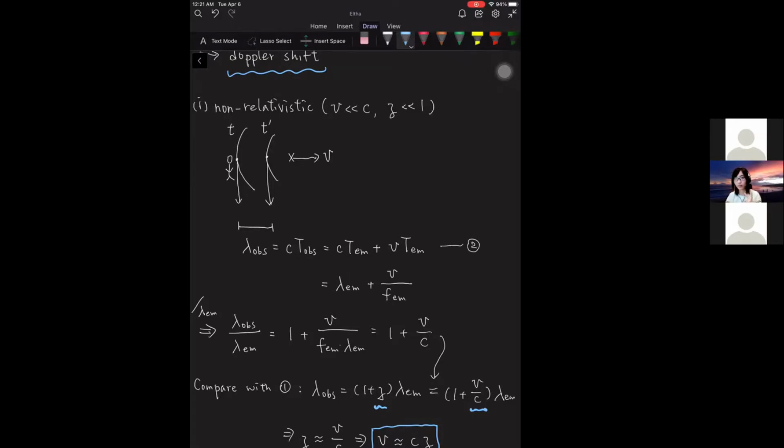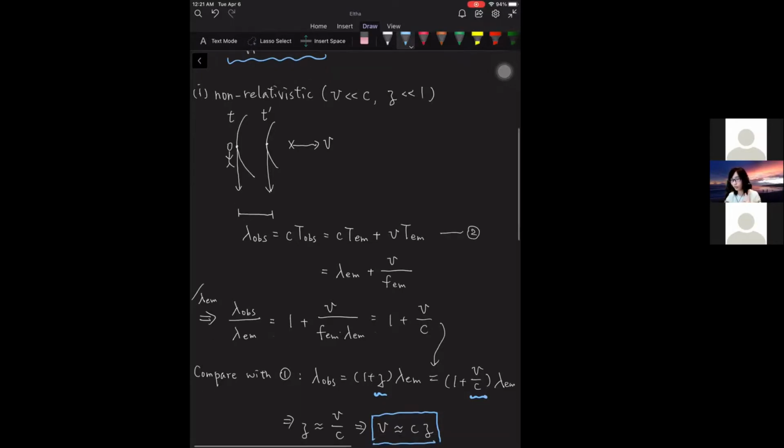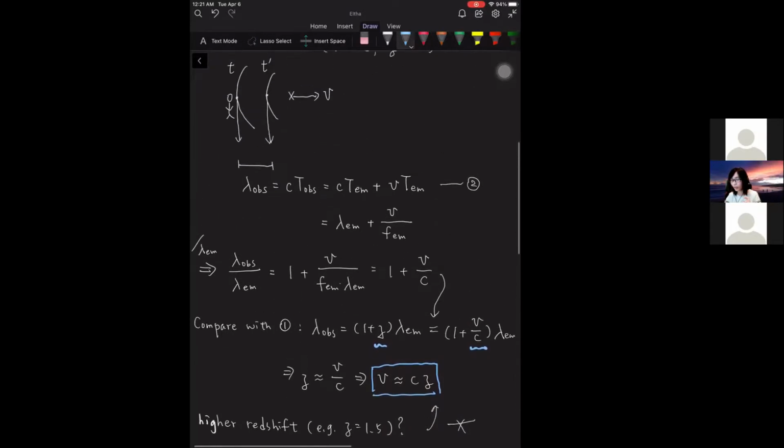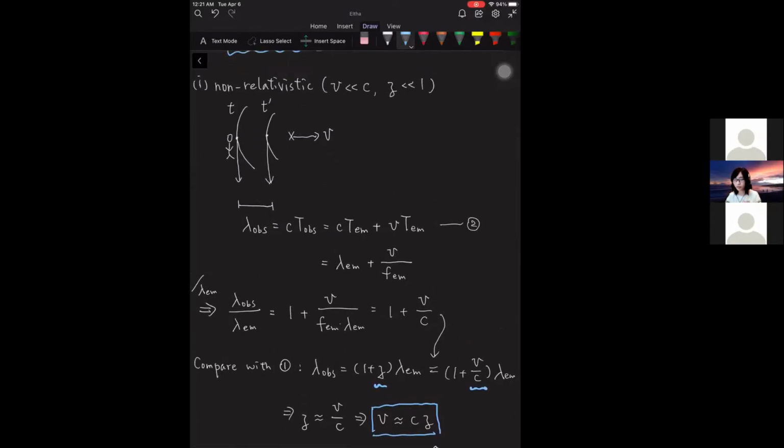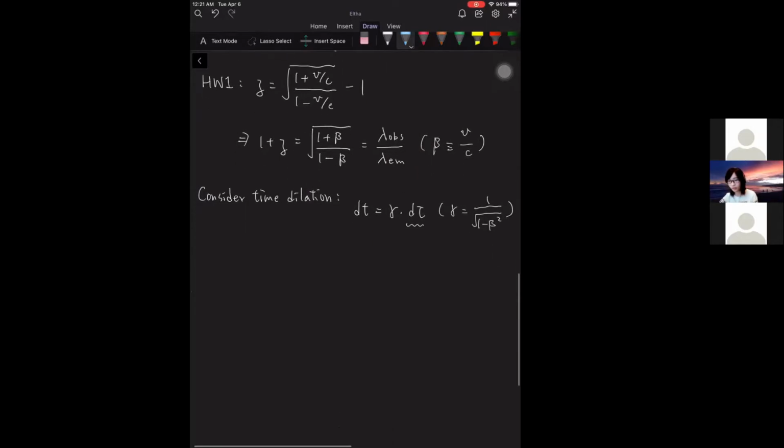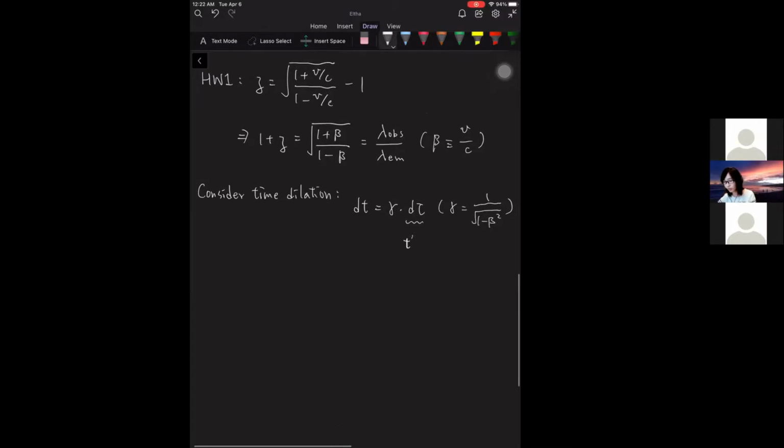So now we have two frames of reference. By special relativity, we know the proper time observed in this t prime frame should be shorter than what we observed, right? So d tau here, let me write this down, is for the t prime frame, and this is the rest frame. Okay.